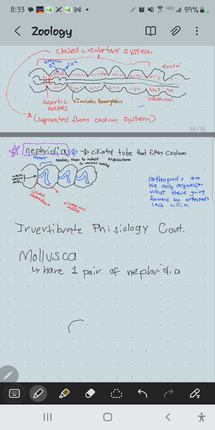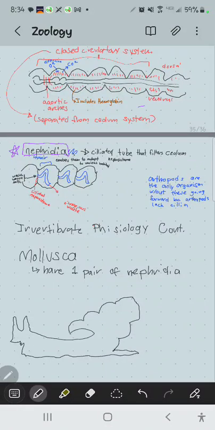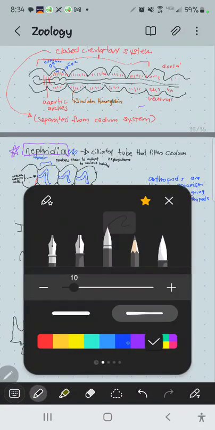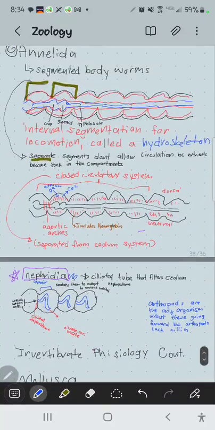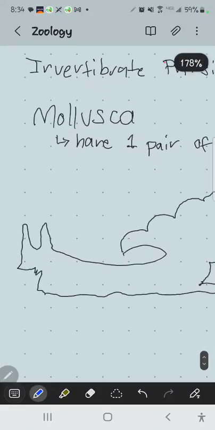Better antenna. Okay, so for the digestive system, give them a little stomach. Usually the gut exits into the mantle cavity like that. So there's our gut.